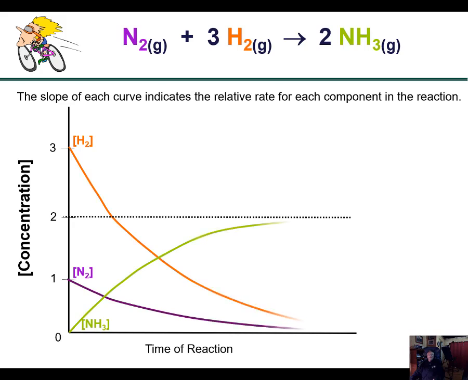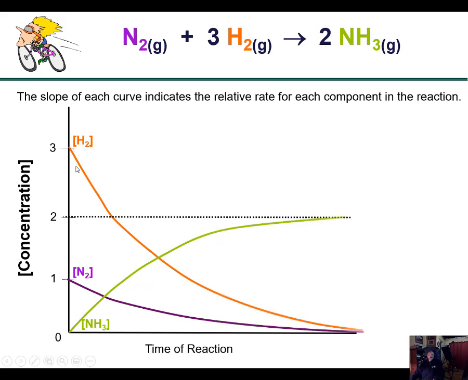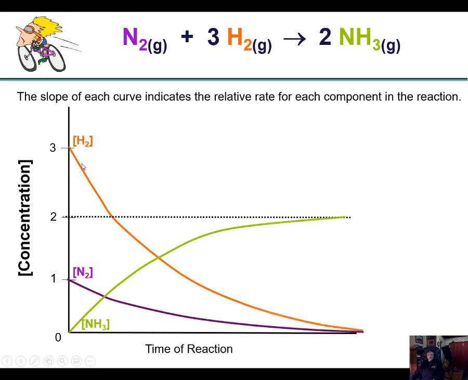And you can see that because 3 moles of hydrogen are required relative to 1 mole of nitrogen, the slope of the curve for hydrogen is much steeper. So that says in the same amount of time, hydrogen is a 3-to-1 ratio with nitrogen.